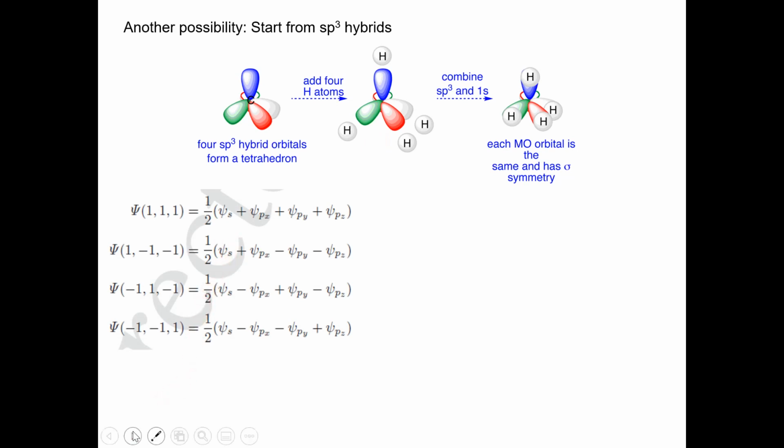First, I have to make the hybrid atomic orbitals, and the way to make hybrids is to make a linear combination of s and p orbitals in a way that they point along the right directions. Okay, so in this choice of coordinate axes, I can see that one of the bonds is oriented in the 1-1-1 direction.